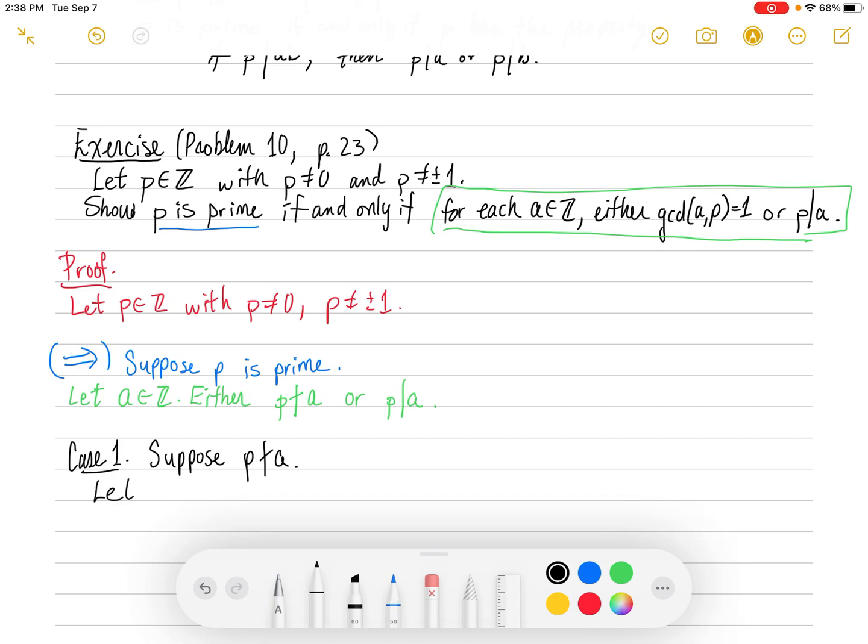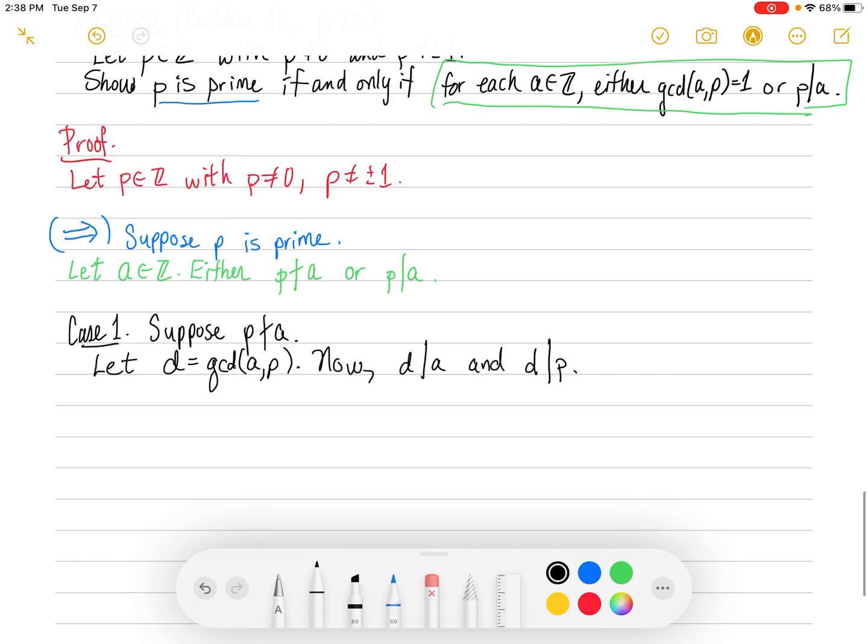Now, we're going to let d be the GCD of a and p. Well, since d is the GCD of a and p, that means d divides a and d divides p, right? That's the first criterion of a GCD. But remember here that p is prime.